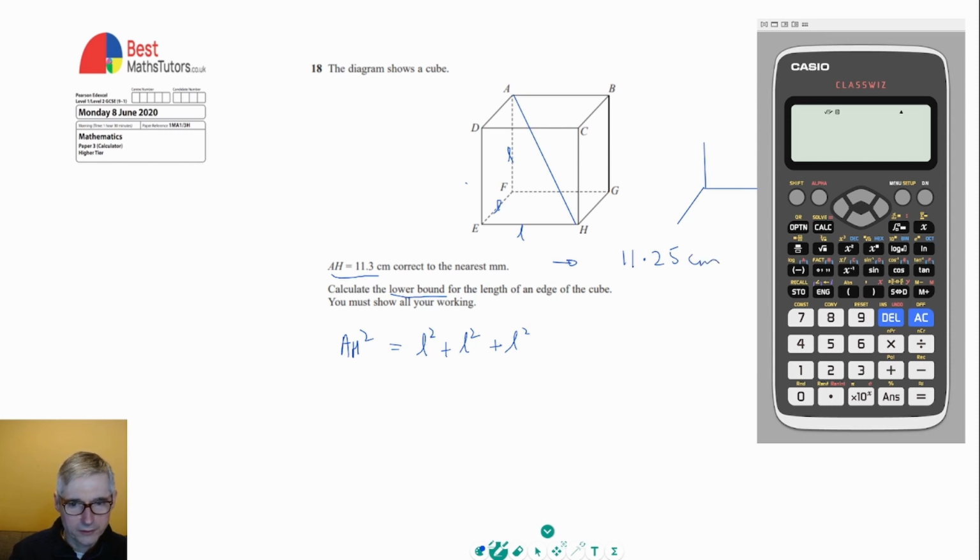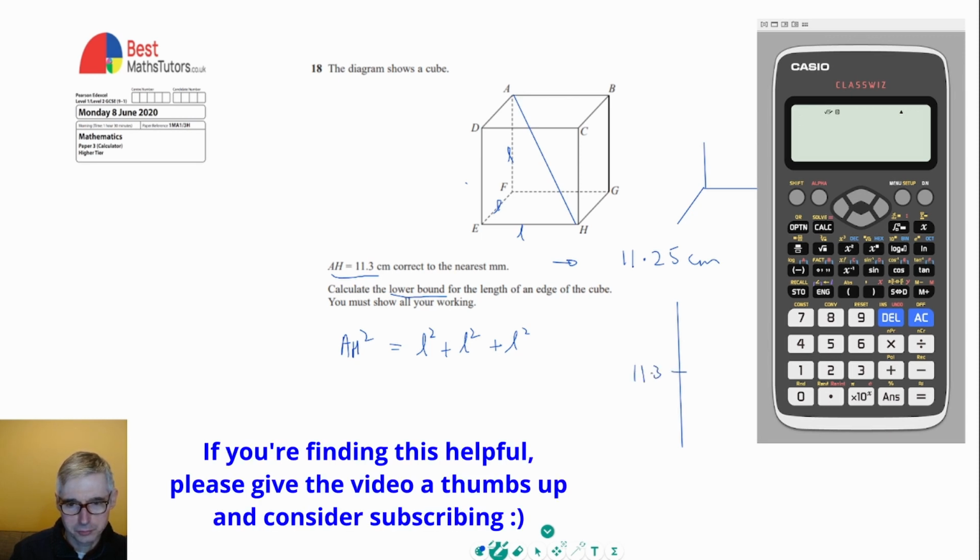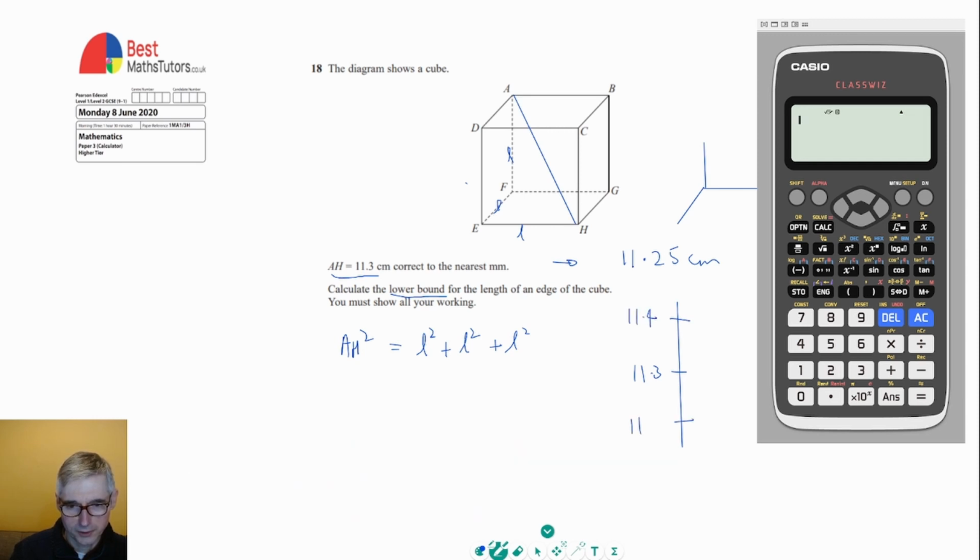One way of looking at that is if we were to consider some sort of scale, we could have 11.3 there, 11.4 could be there, and 11.2 could be there.